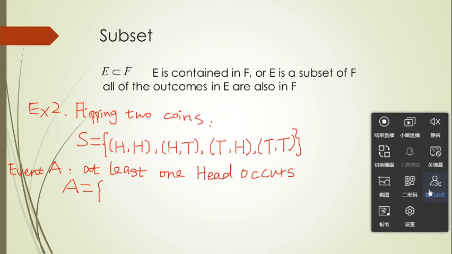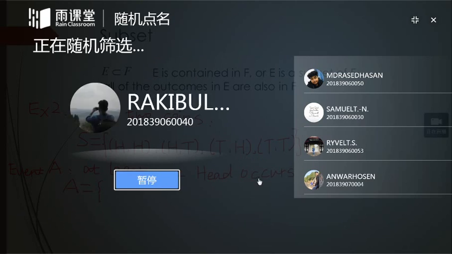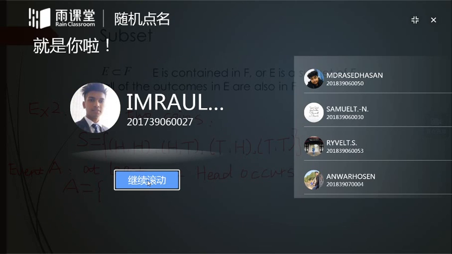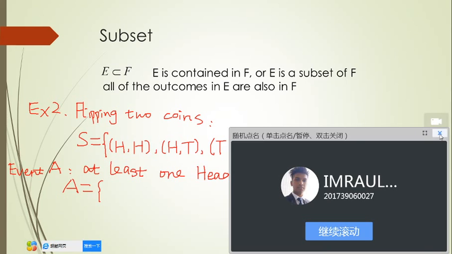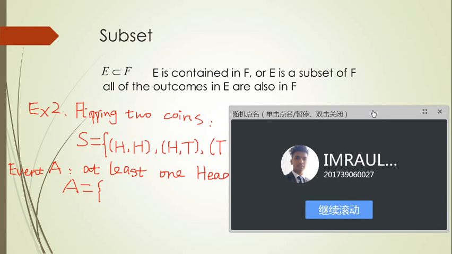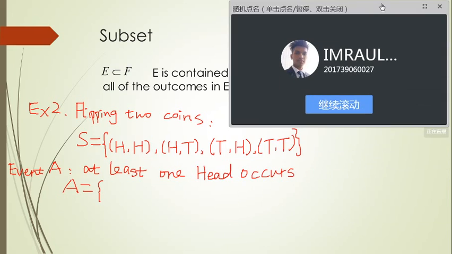Let's call someone. 26, join the class. Very good. Emika, are you available? You can either reply as Danmu, just plus your nickname, or you reply in the group. At least one head occurs.